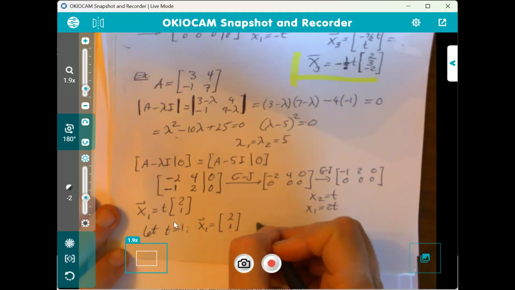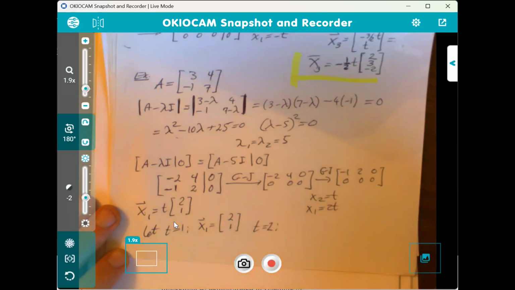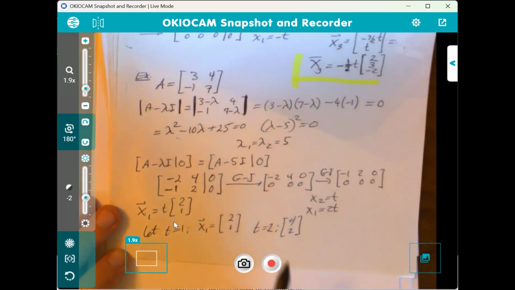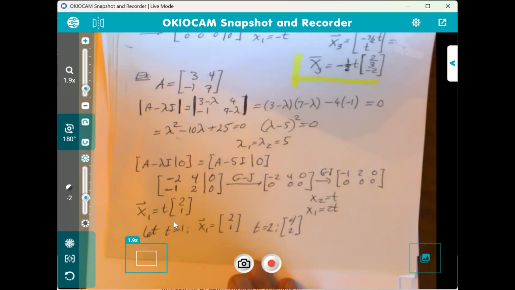So another time you can let t be anything you want other than 0. Let t be 2. So here's another eigenvector. Notice one is a constant multiple of the other one. And that's what happens when you have a repeated root. And so there you have it.